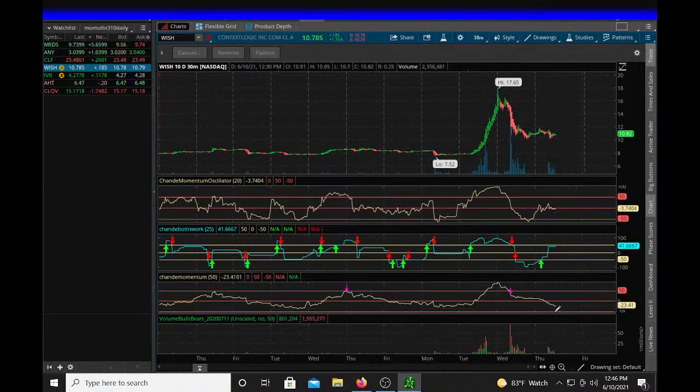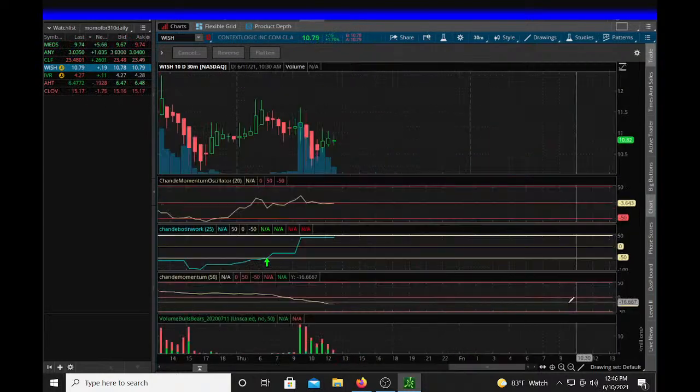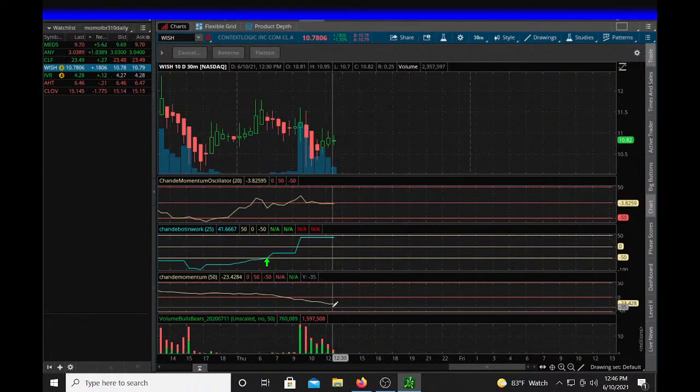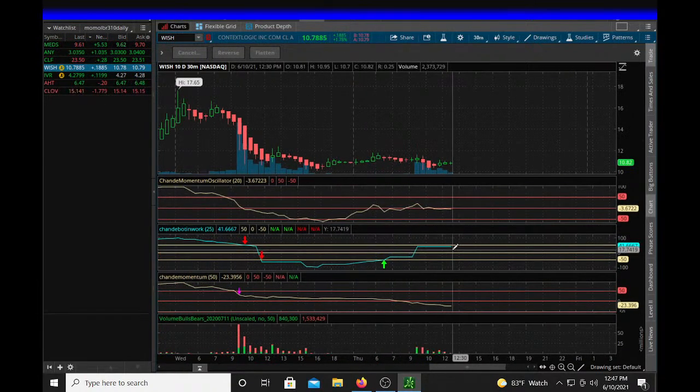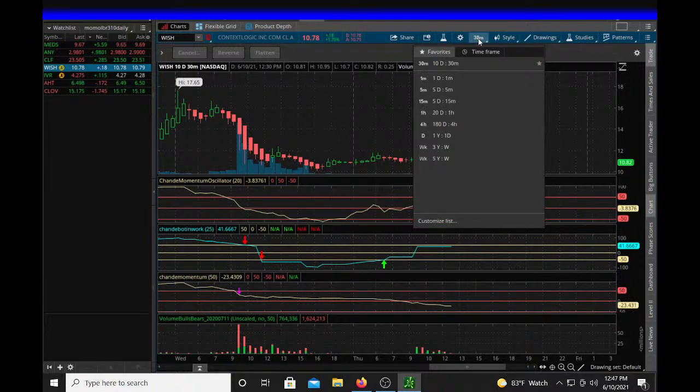Interesting here. Might get to see a reversal here after all. You would think Wish would be worth more than $10, given its competitors.